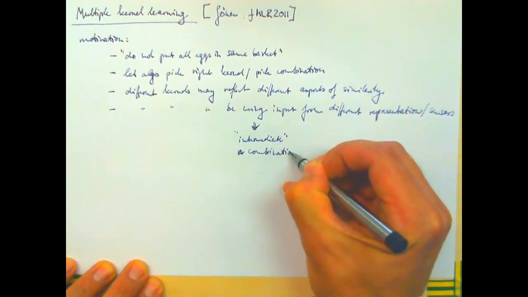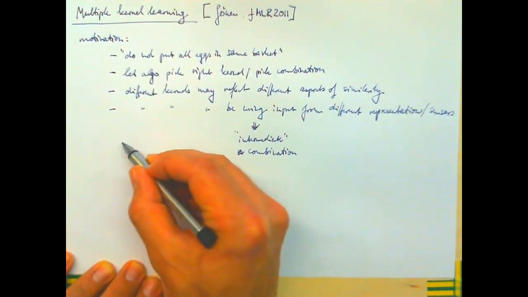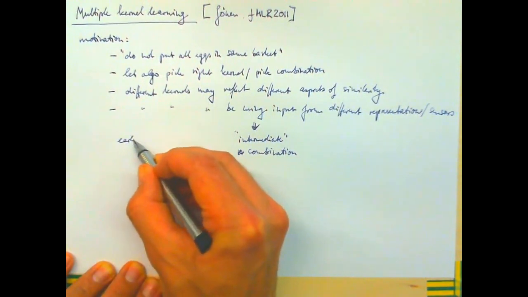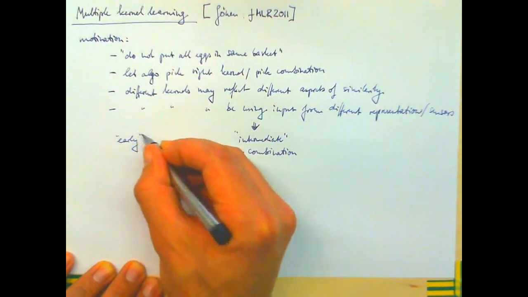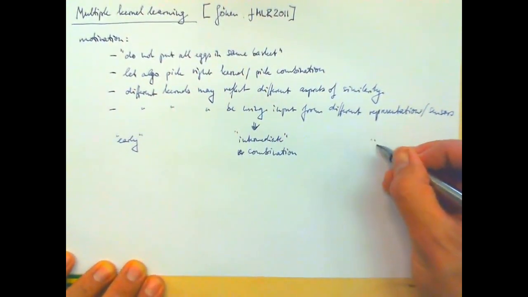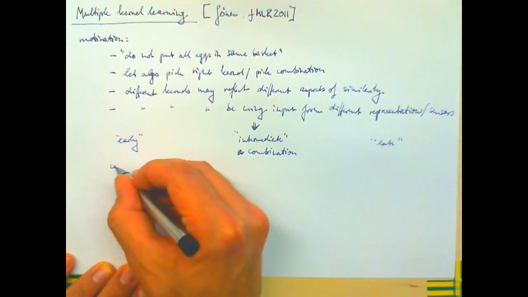Well, if there's intermediate, then there must also be a high and a low or something like that. Indeed, the field also talks about early combinations or late combinations. So an early combination would be to simply concatenate all the features.